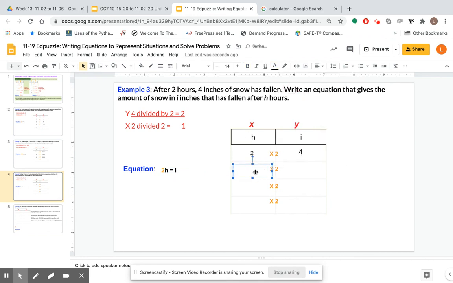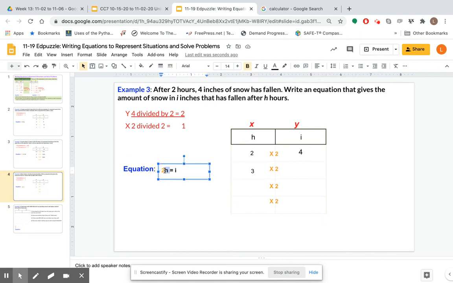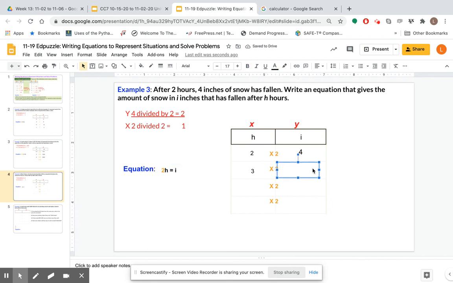And just one last time so you guys can see how it works. If I have 3 hours of snowing, that's going to be 3 times 2, and that's going to give me 6 inches of snow.